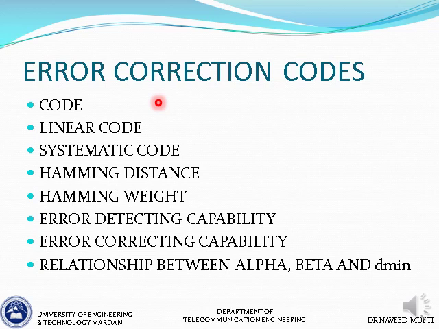So if you do XOR operation of any two code words, that means a modulo 2 sum of any two combinations, it gives you the result which is already present in that code. So the result is also one of the code words present in that code. So if a code is linear, it will be satisfying these conditions.